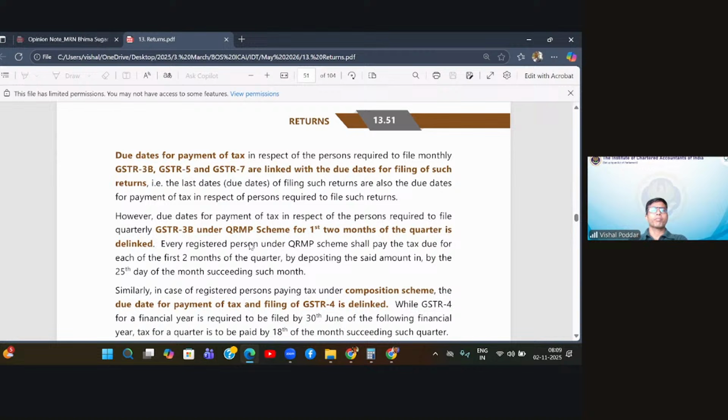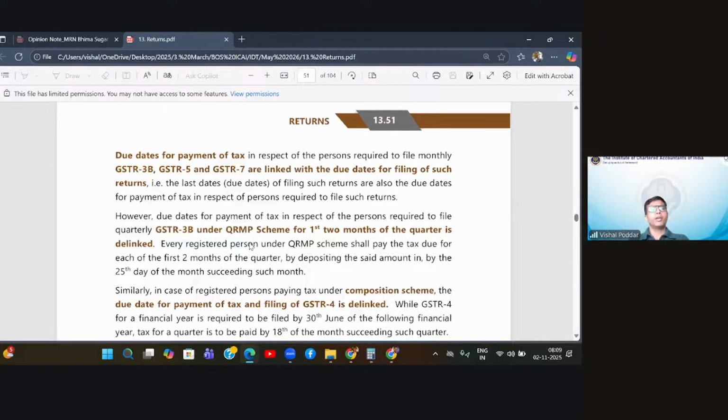Now, interestingly, technically, there is no due date given in the law for making payment of tax separately. It is simply the date by which you are filing the returns. So, the returns are so designed that without making payment of tax, your returns cannot be filed. So, by default, the due date for filing returns automatically becomes a due date for making payment of tax.